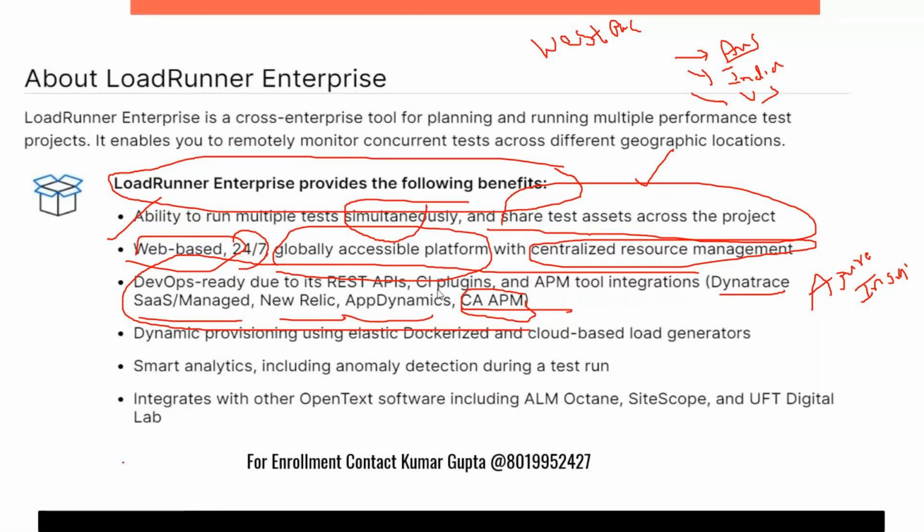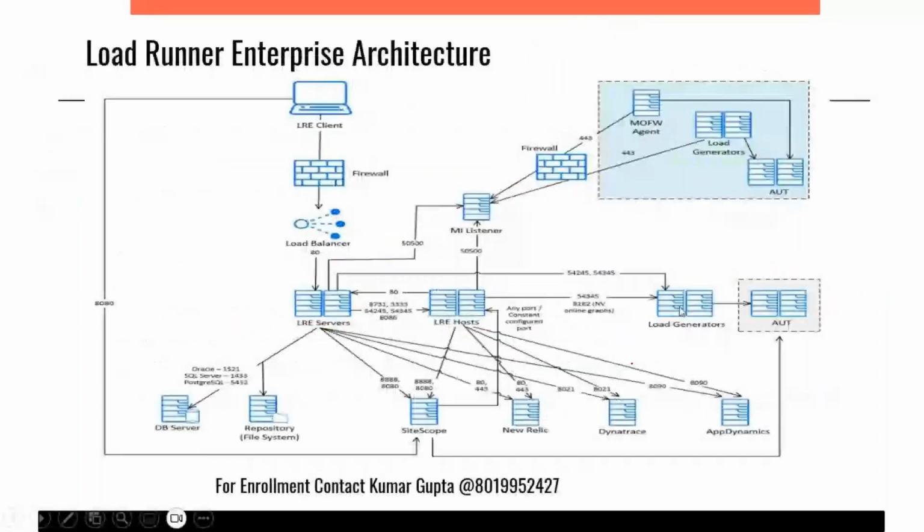Dynamic provisioning of elastic Dockerized cloud-based load generators. This is what I was telling you in my previous slide. The LRE servers, LRE host and the DB servers are on-prem servers, which means that companies have to purchase them.